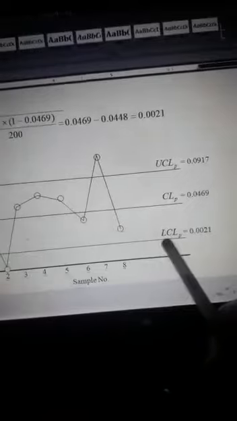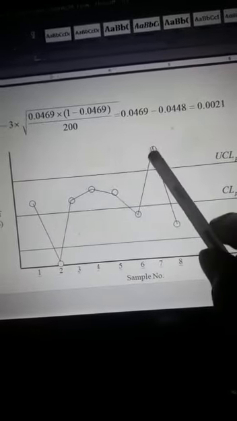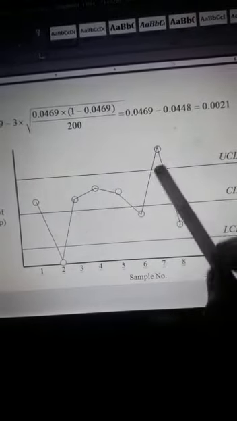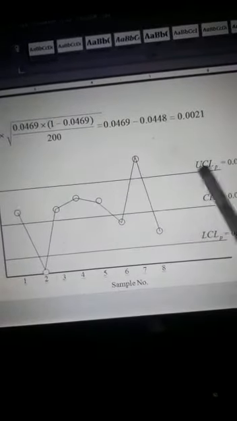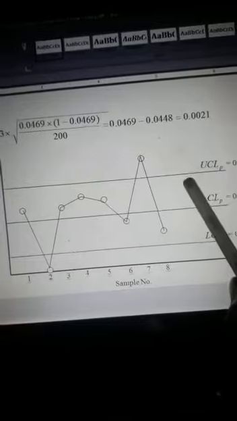After completing this plot, it can be observed that the p value for sample number 2, this one, is less than the LCL, that is the lower control limit of this p chart, and the p value for sample number 7, that is this one, is more than the upper control limit value, that is UCL value of this p chart.